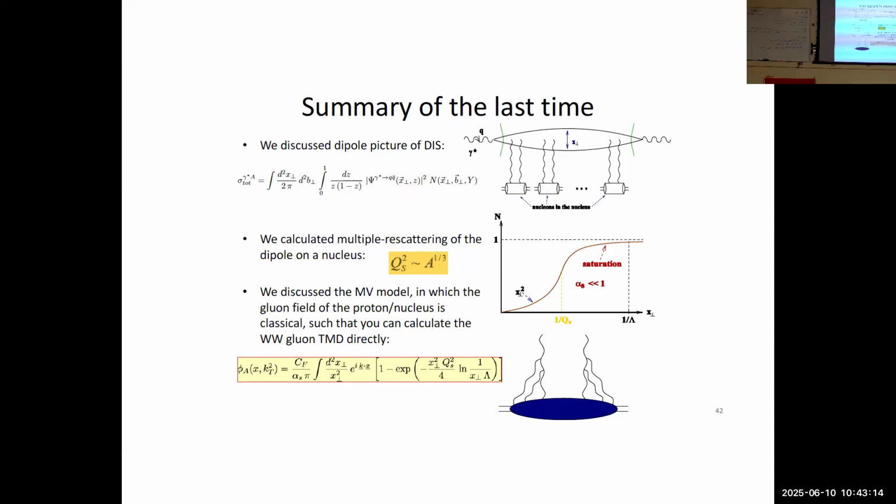And then we said, okay, very good. If all QCD interactions are in the dipole amplitude N, and this is a QCD school, let's try to do a QCD calculation. So we said, all right, if we have a nucleus with many nucleons, at the very lowest order, the interaction would be exchange of two gluons with one of the nucleons.